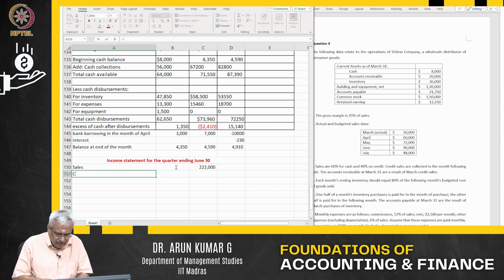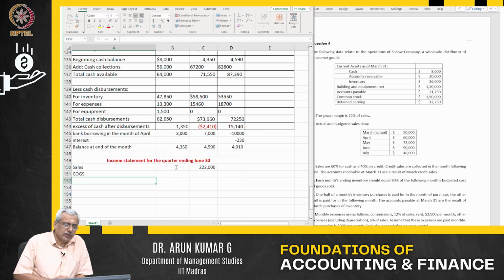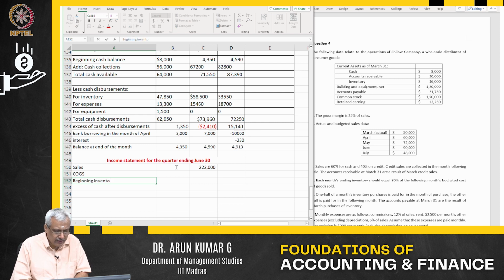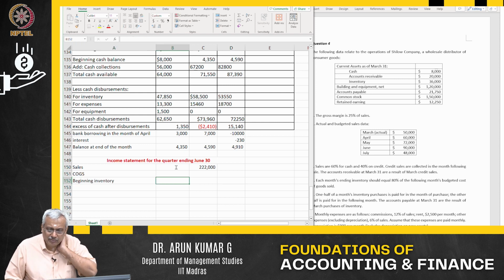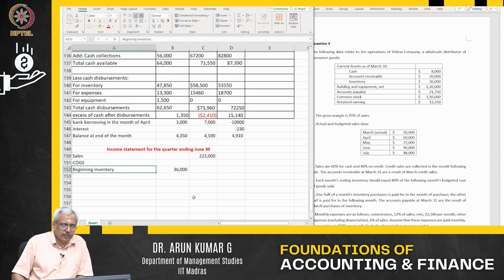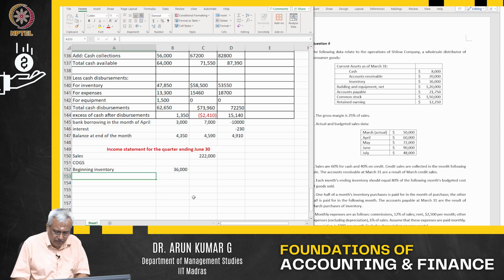Then let us look at COGS, cost of goods sold. When I say COGS, beginning inventory. What is the beginning inventory I had? The beginning inventory I had is about 36,000. Then we have to make out the purchases for the quarter.